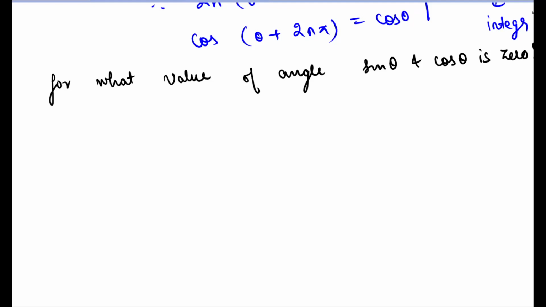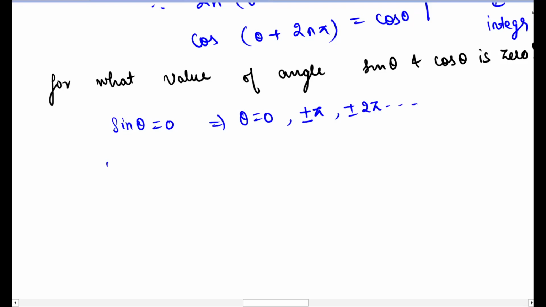So we know sine theta is 0 at theta equal to 0 and theta equal to pi. We can call it plus minus pi, or plus minus 2 pi. So that is, theta is an integral multiple of pi.